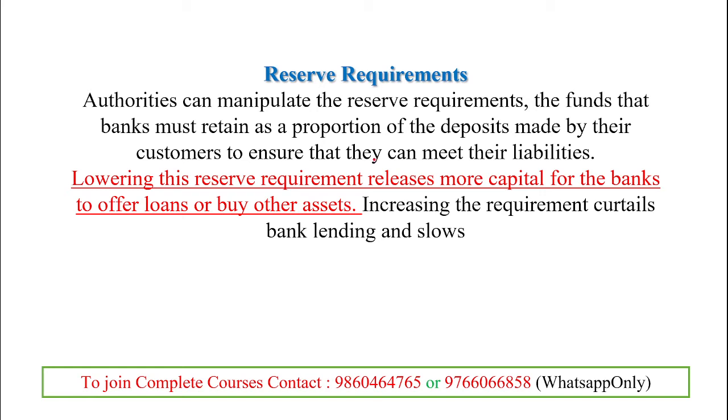So lowering these reserve requirements releases more capital because commercial banks only need to deposit a smaller amount in RBI, and whenever the requirement increases, it curtails bank lending and slows the credit supply to commercial banks. So lowering will release more capital, and increasing the requirement will curtail bank lending because they do not get much money to lend or to borrow.